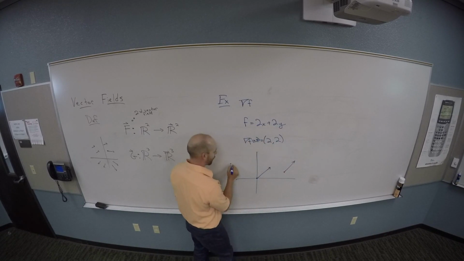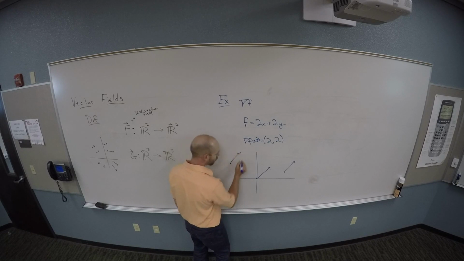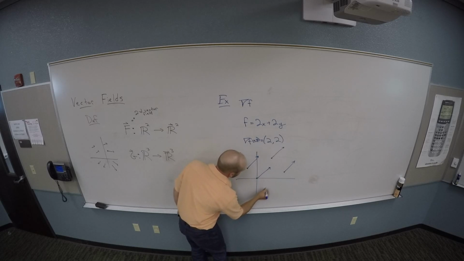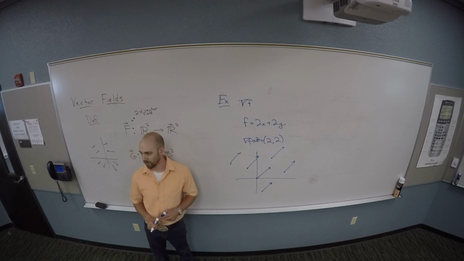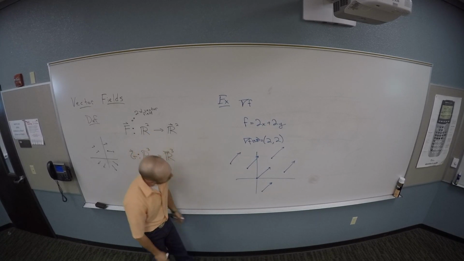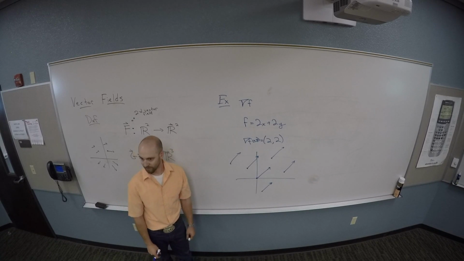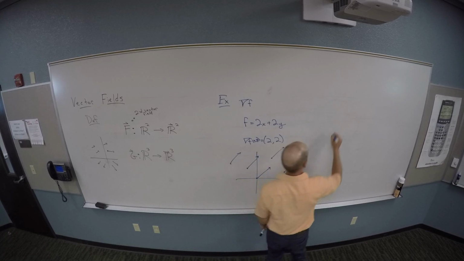If I give it this point back over here, 2 over, 2 up. So this thing looks like constant flow, right? Everything's just moving up in that direction. Cool.